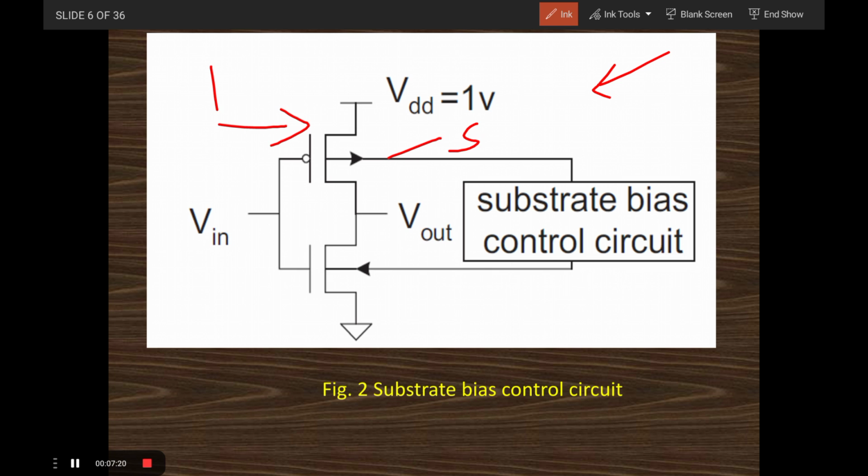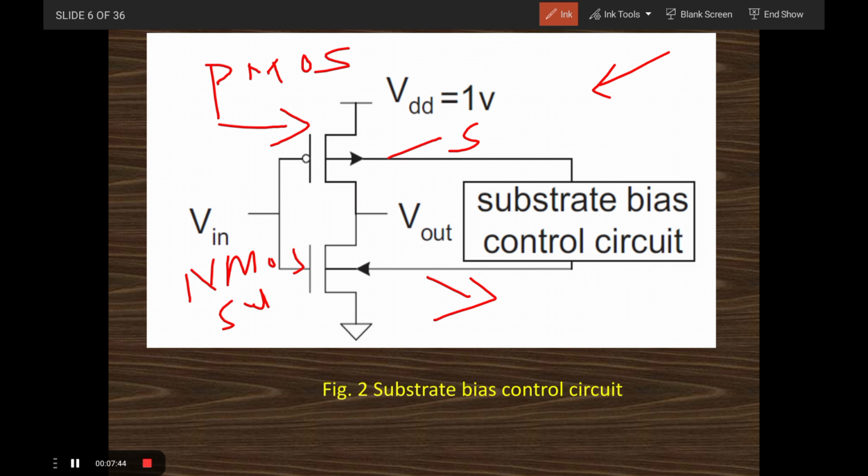The PMOS substrate is taken to the outside, and the NMOS substrate is also taken to the outside. So if you want to apply different suitable voltages to the P-type substrate as well as the N-type substrate, you just have to take those two leads to the outside.